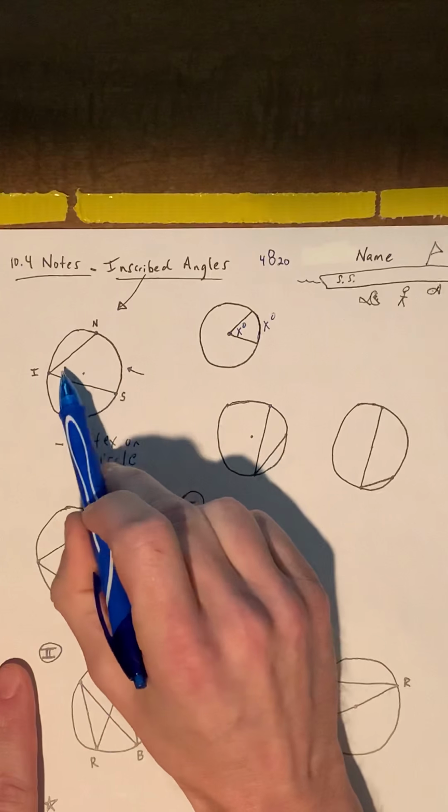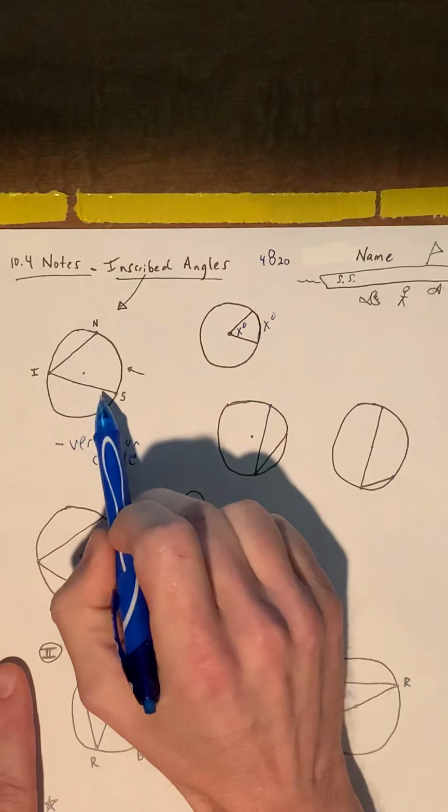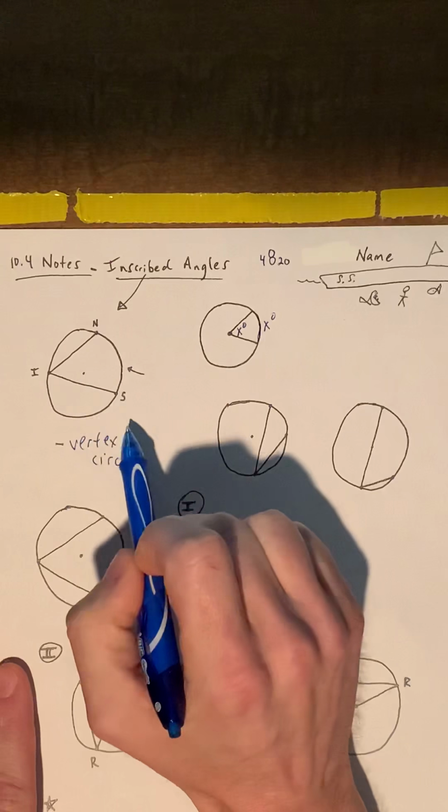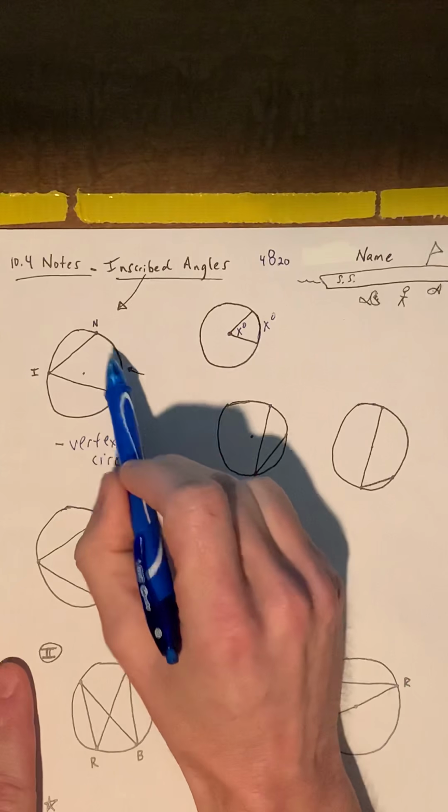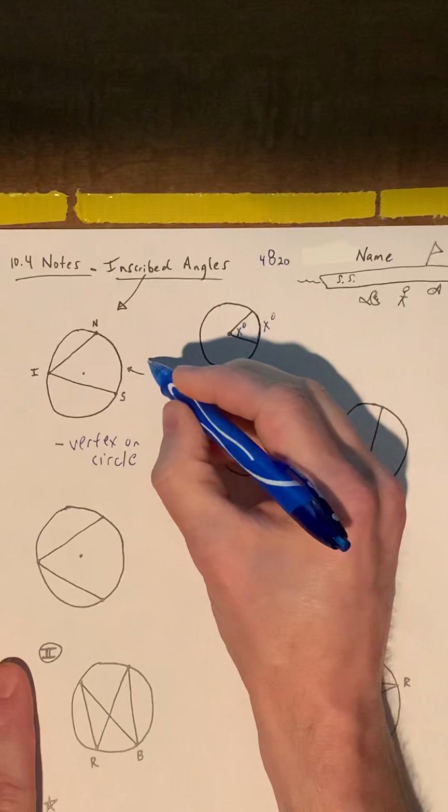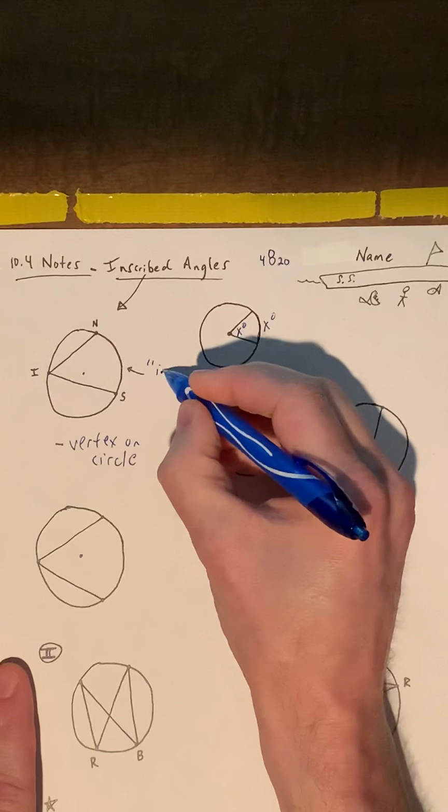Okay, so let's look at this inscribed angle here. This is the center point. Every inscribed angle has what we call an intercepted arc.